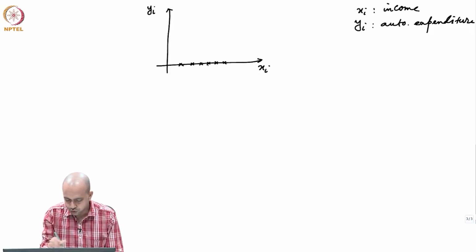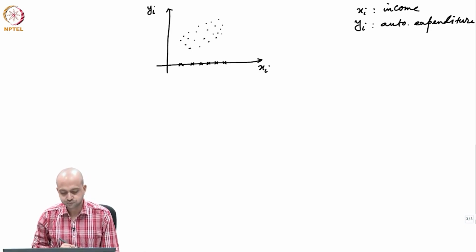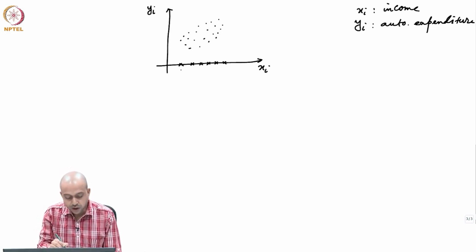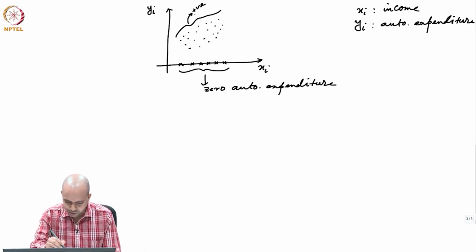Let us say these are the households who have 0 automobile expenditure, and some households have positive expenditure.